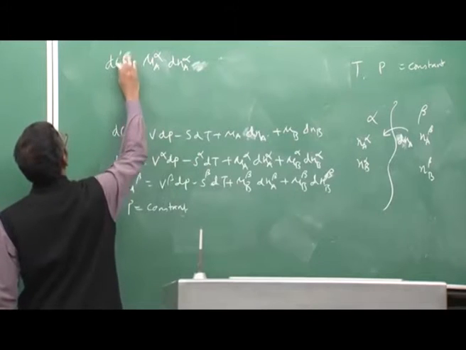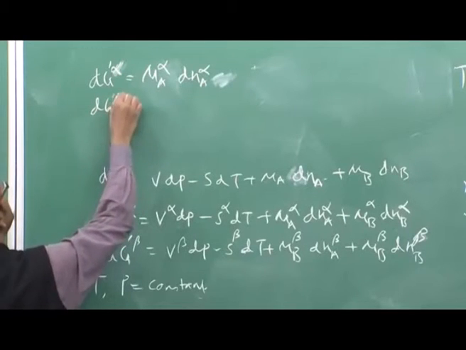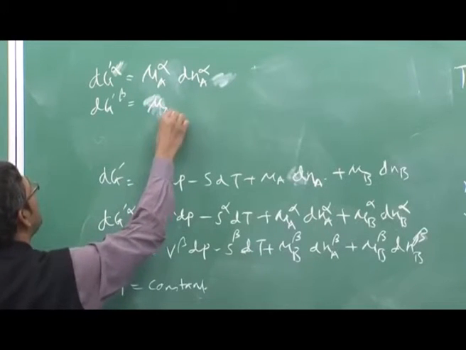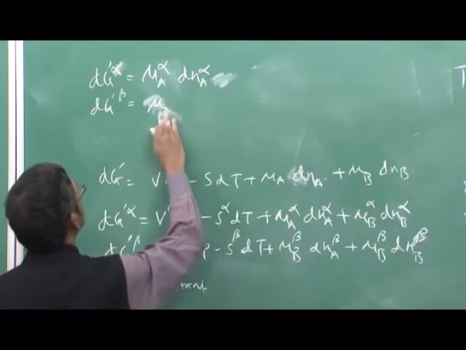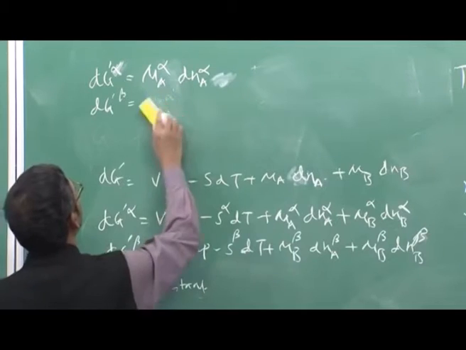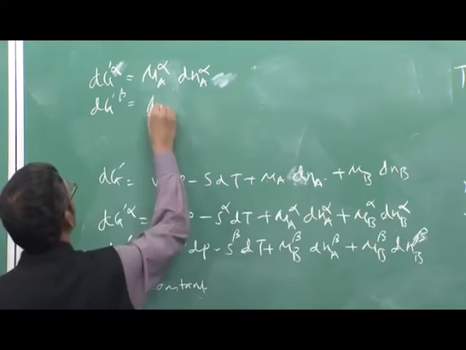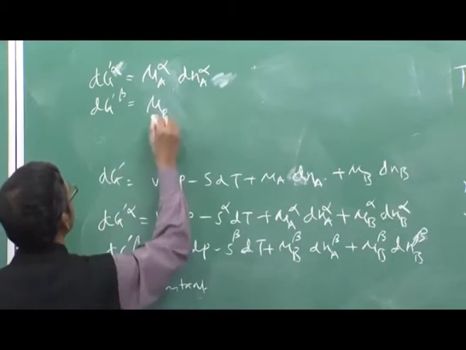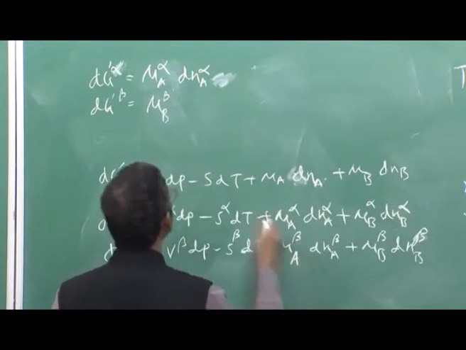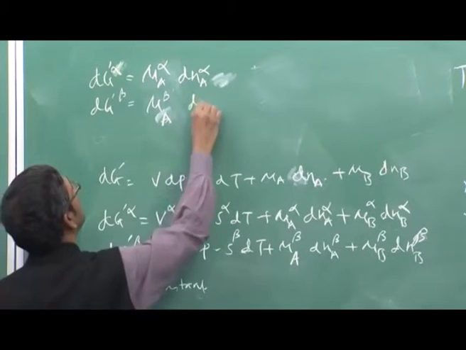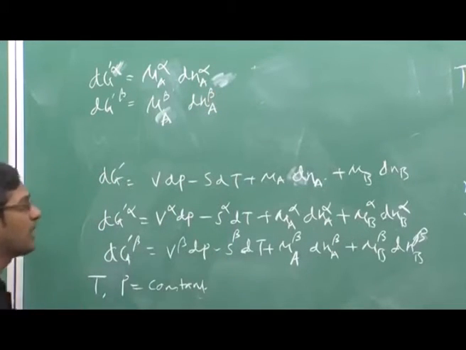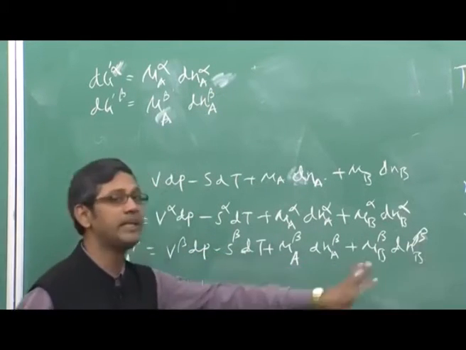Similarly, this is for G' alpha. For G' beta it will be mu A beta, not mu B, I made a mistake, yes, mu A beta dNA beta, correct, because only A molecules are transporting, so these NB are not changing at all.